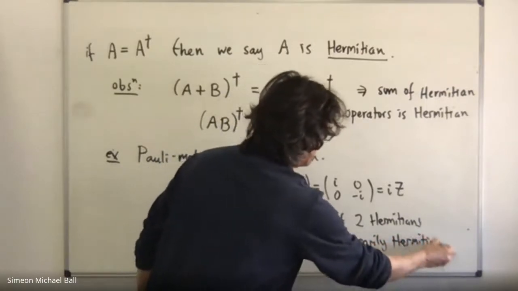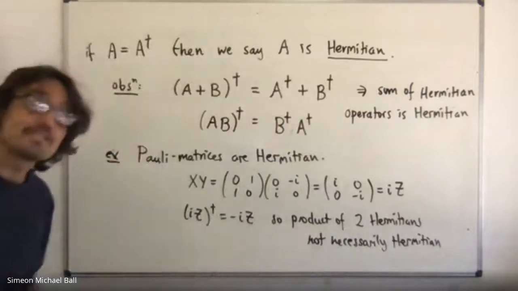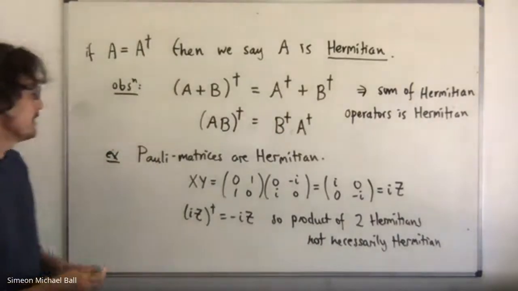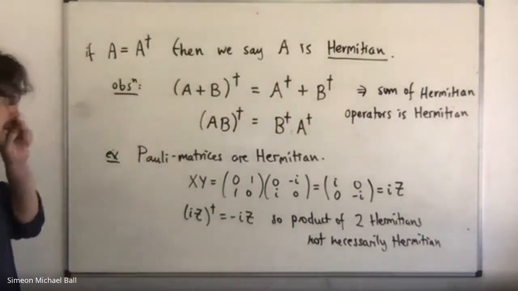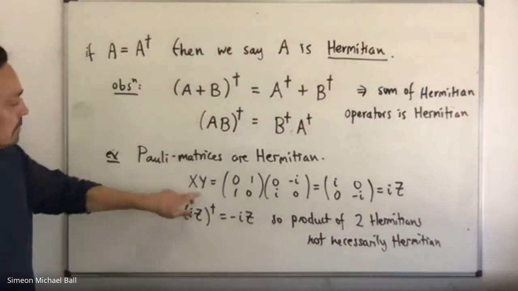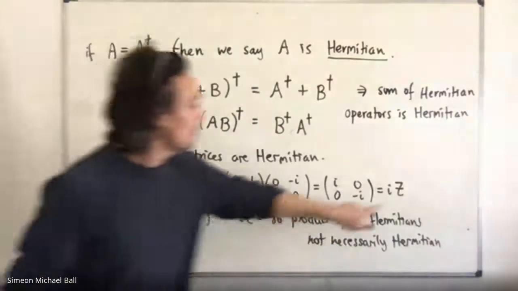So the product of two Hermitian matrices is not necessarily Hermitian. Yeah? So we have here an example where we multiplied together two Hermitian matrices and got one which isn't.